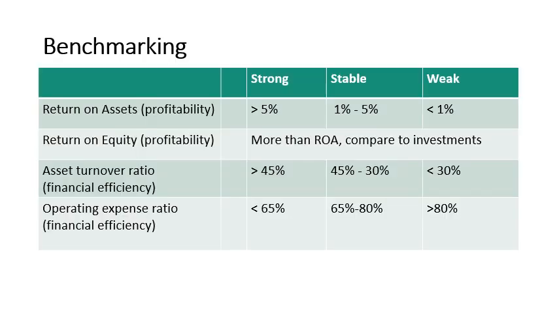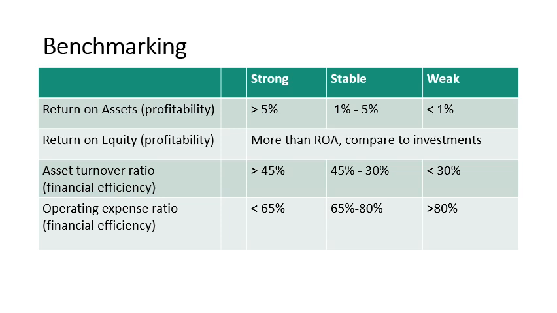And we can use these metrics to benchmark your business against other farm businesses, with the caveat that different types of farm businesses, crop farms versus livestock farms, early stage farms versus later stage farms, are going to have slightly different metrics. But in general, for return on assets, a strong business would have greater than 5% return on assets.